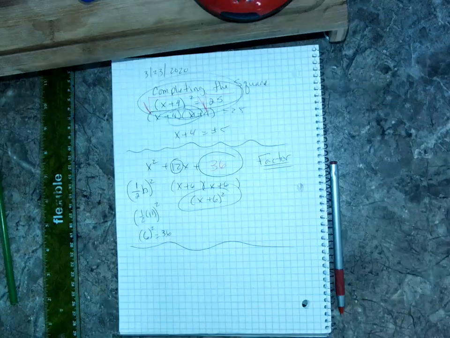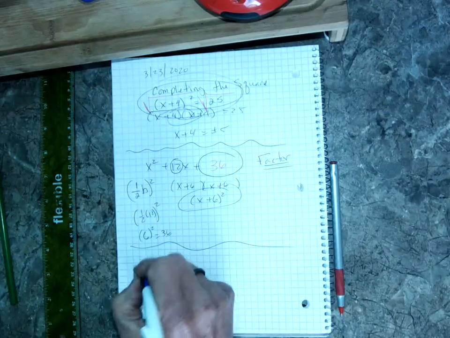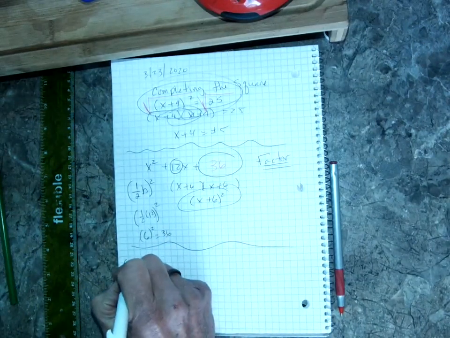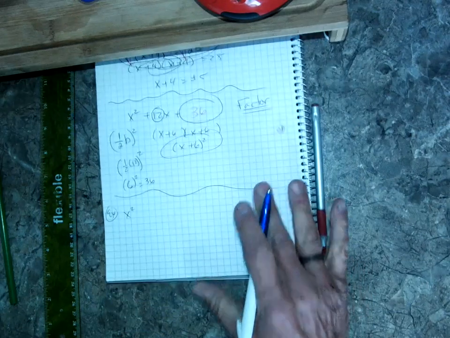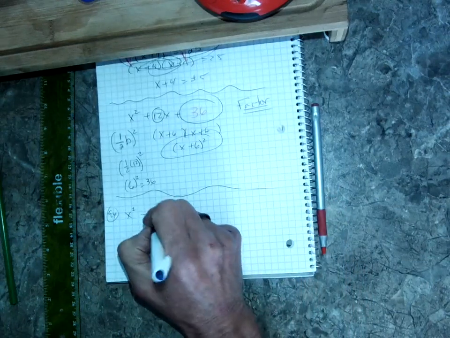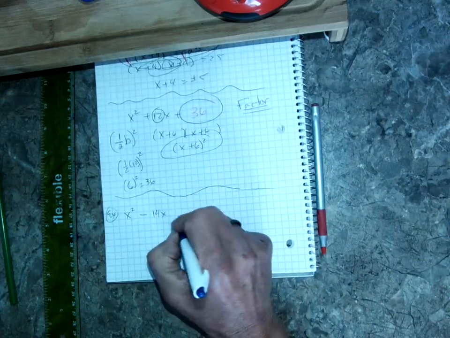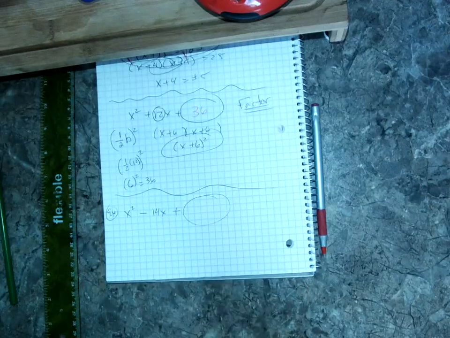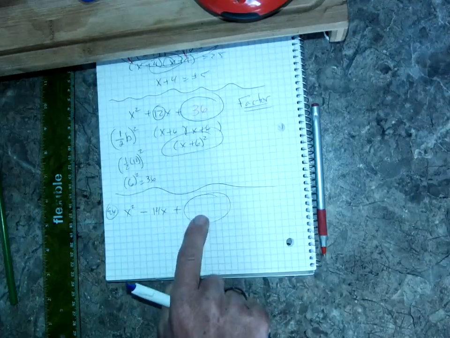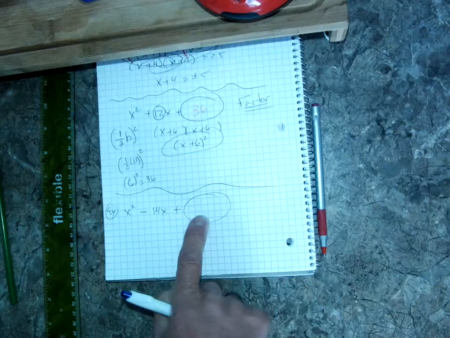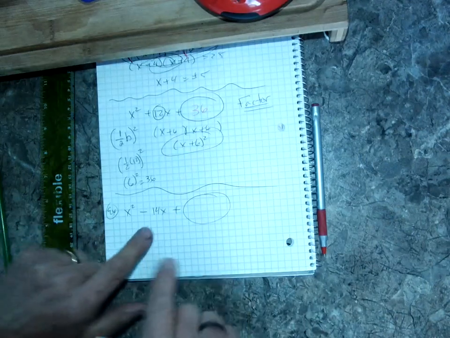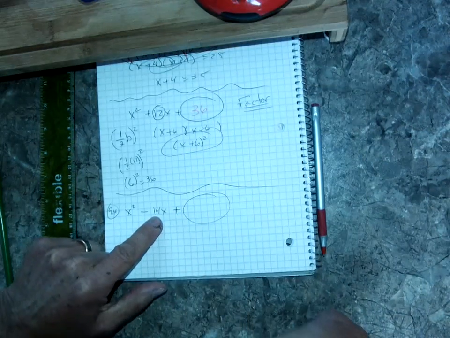So, the next one I have is this one. X squared minus 14x plus something. Okay, now something's 49. How can I see that? Well, all right, let's do the same thing. Half of this is 7.